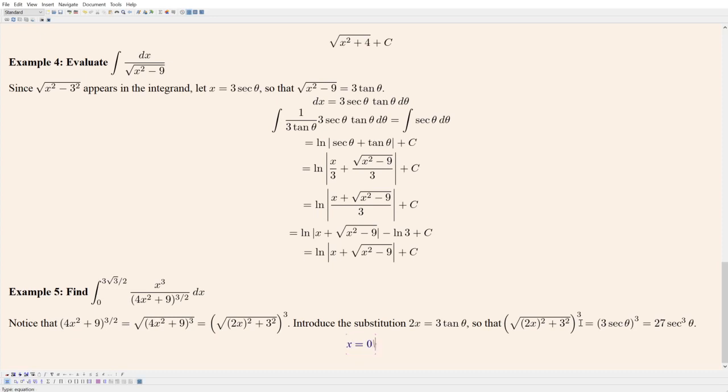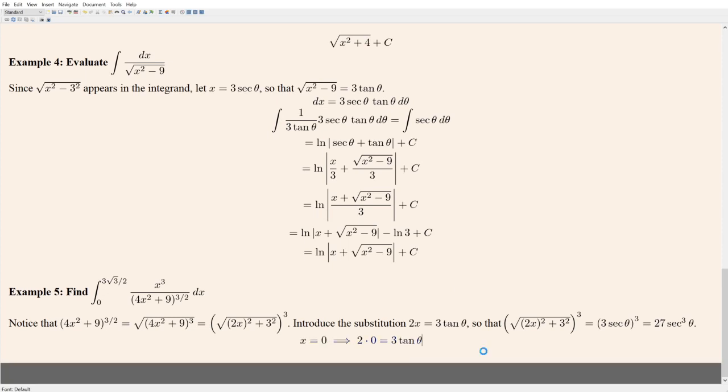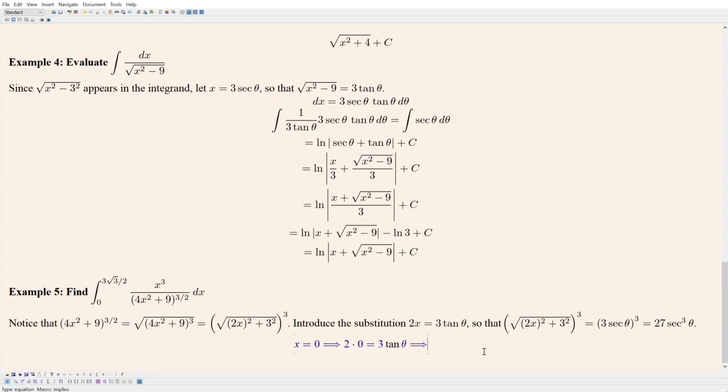So when x is equal to 0, what does that imply for theta? Well, that means 2 times 0 is going to equal 3 tan theta. So 0, well, okay, divide both sides by 3. So that means tan theta is equal to 0.